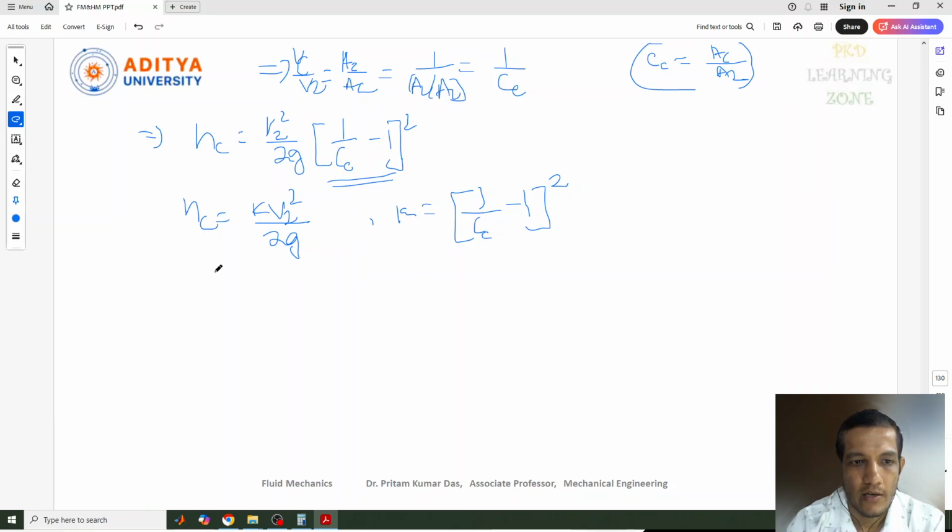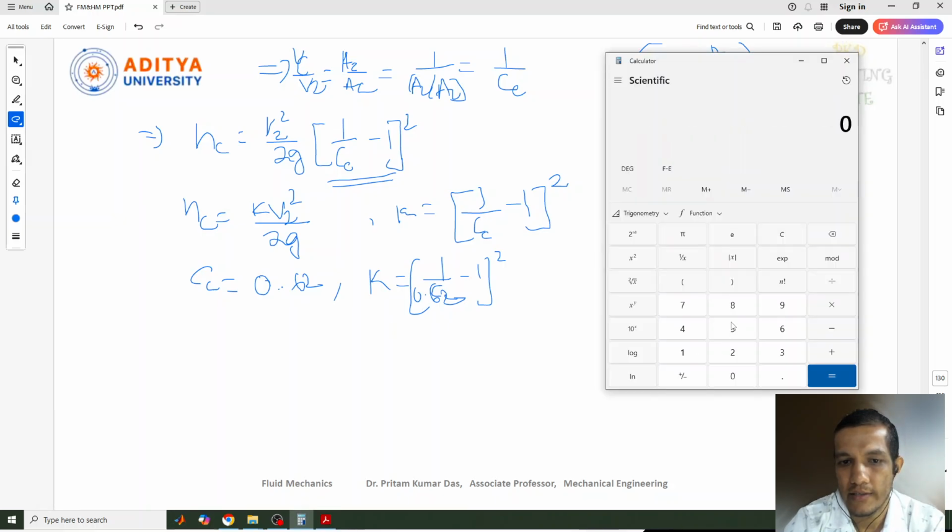Now if you put the value of CC equal to 0.62, which is what I am taking, since experimentally they found that the coefficient of contraction value is assumed to be about 0.62. If you put this value, you get (1 by 0.62 minus 1) in brackets.